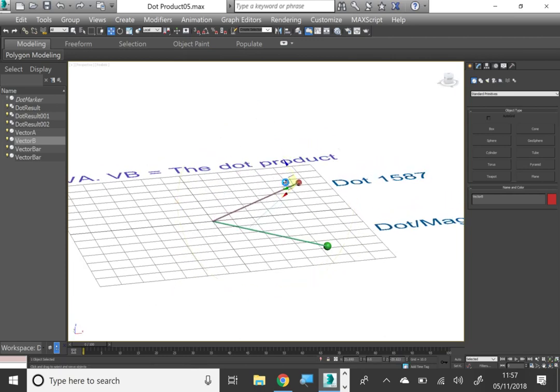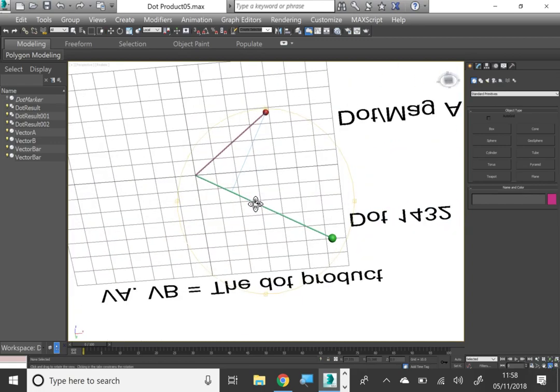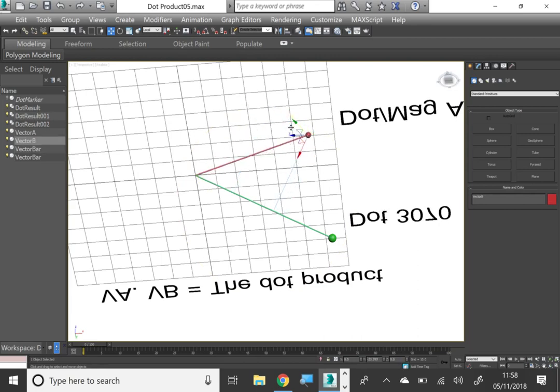So I can move these vectors around. Wherever I choose to position these vectors, I should be able to create a line that runs between them that is the projection from one to another, and that should be 90 degrees. And I should be able to move this vector, and again, it can be either one of them, along this perpendicular.